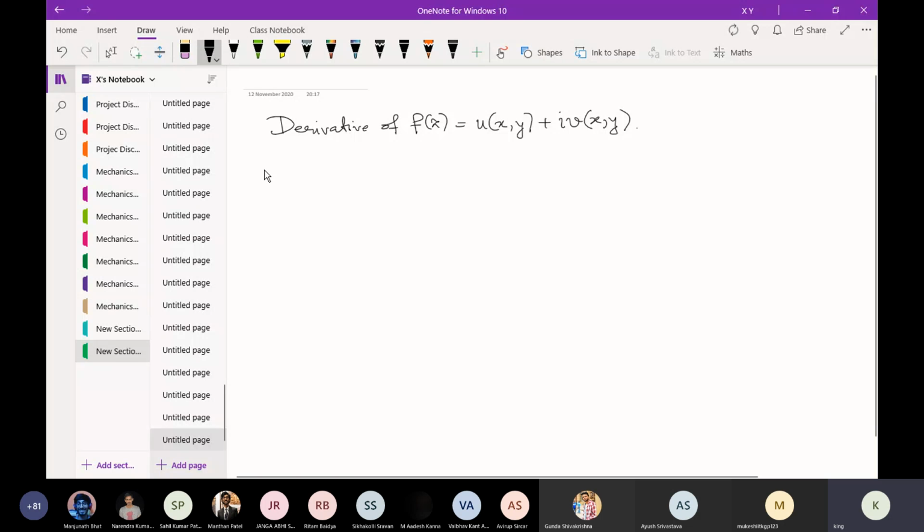And we proceed along the real axis. That is, here delta y will be permanently set to 0, whereas my delta z will therefore consist of only delta x.